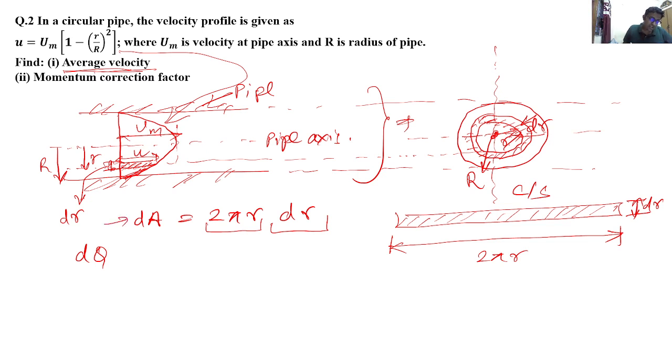Now the elementary discharge is the elemental area times the local velocity. So this is 2 pi r dr, that is just the dA, times the velocity, which can be written as u.